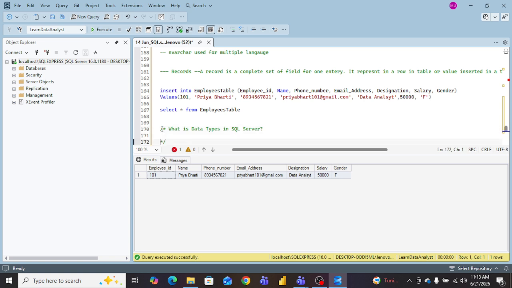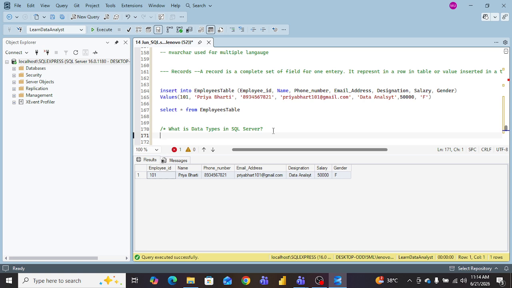What does a data type mean? I explained the data type, but I will now explain deeply what a data type is. Still, I want to hear from you if you have any idea. I told you many times, but please tell me if you have any idea.